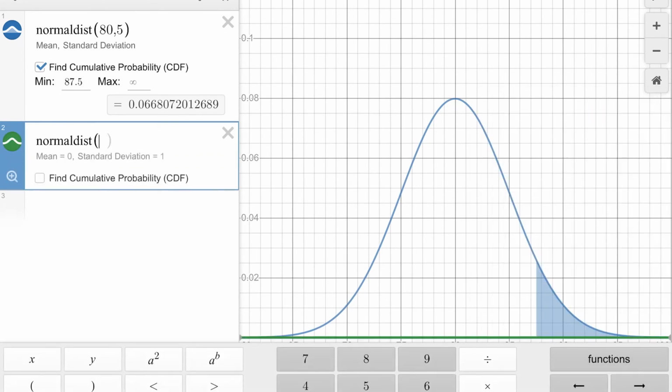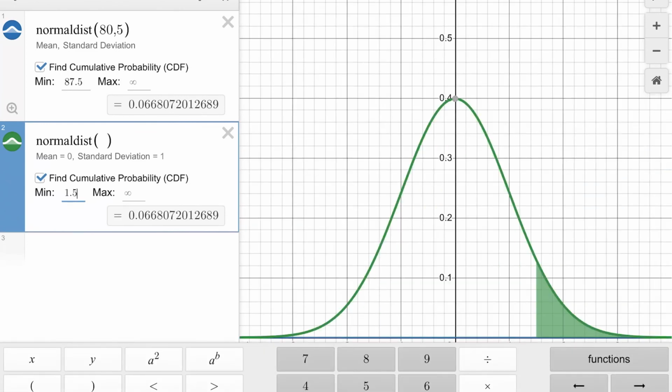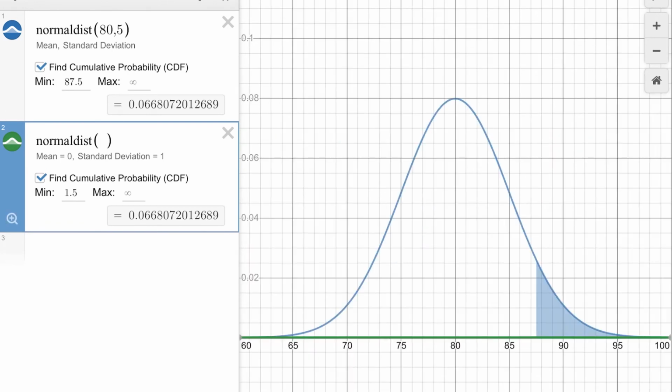We could use our standardized mean and standard deviation, because the z-score will just be that 1.5 as our minimum. So notice how we got the same answer here. So whether I figure it out for our specific situation or whether we standardize it and use that empty normal distribution where the mean is 0 and the standard deviation is 1, there's actually two ways to do this problem. Either way we do it, we get that same chunk of the curve and we get the same percentage.